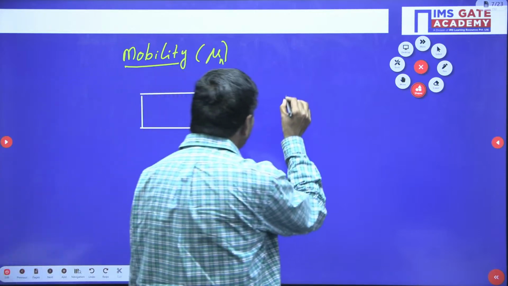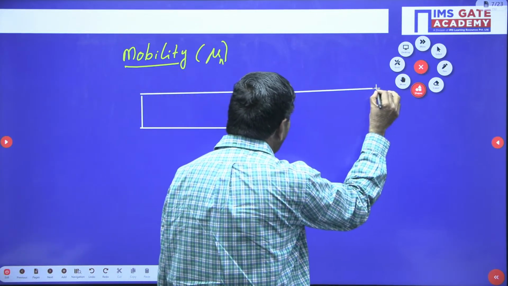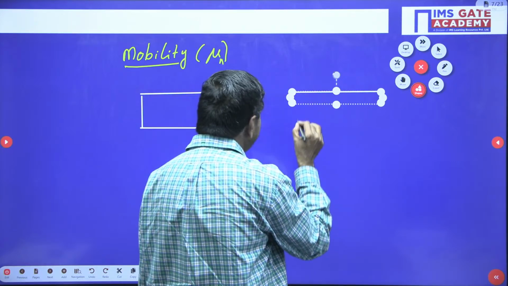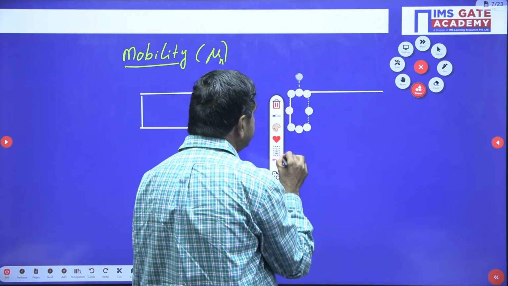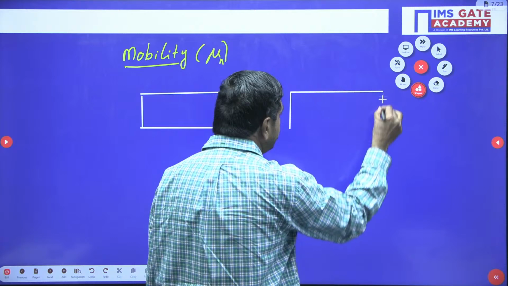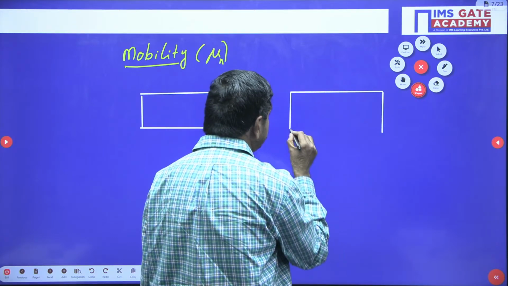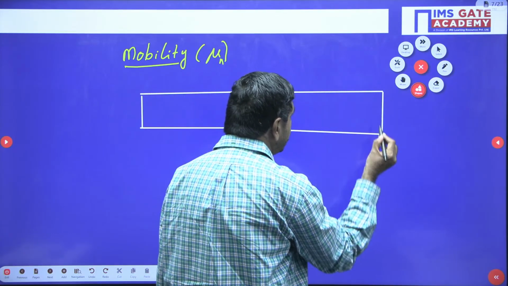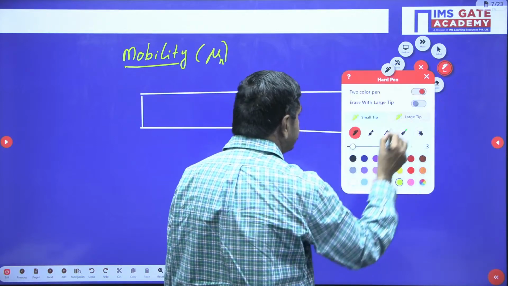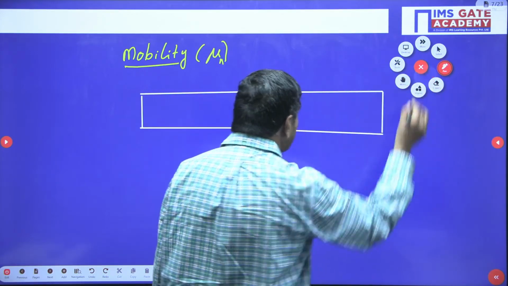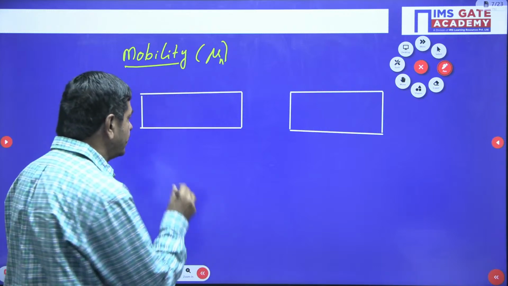And I connected one more conductor also. Two figures I will draw and explain. Like that, two conductors I selected.